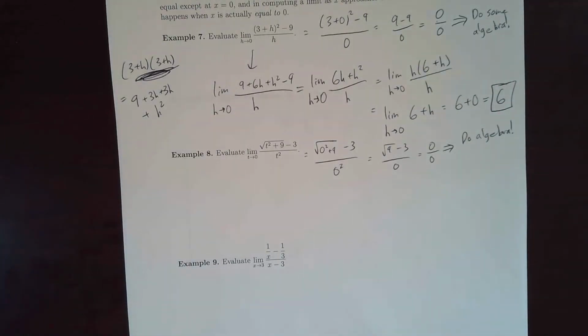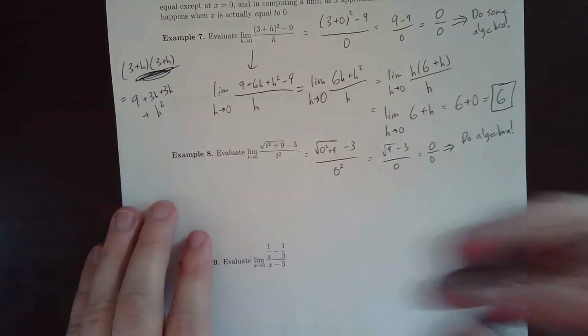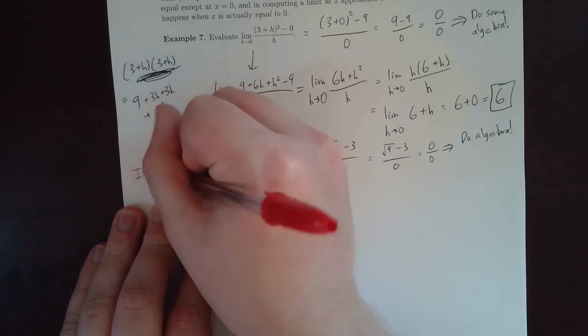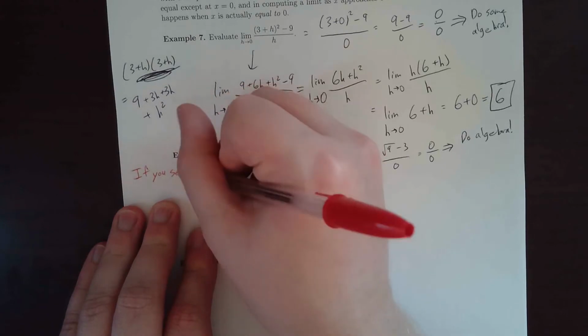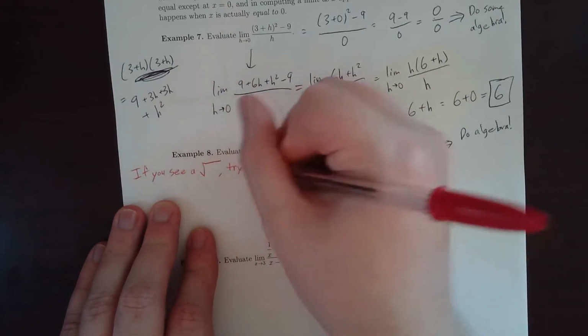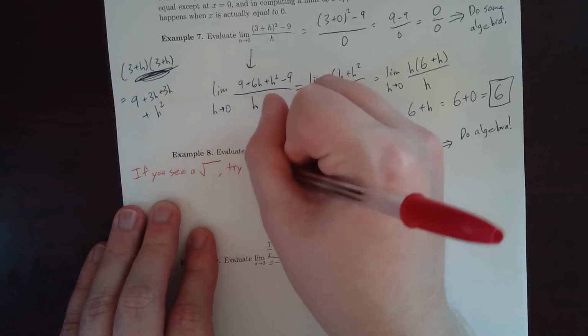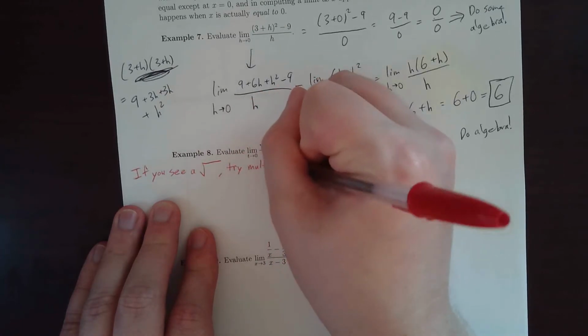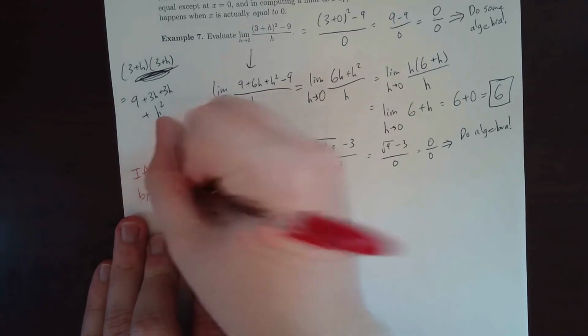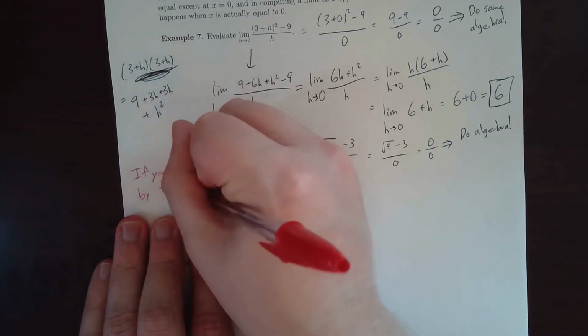And typically, when we see a square root, we'll do something called multiply by the conjugate. So if you see a square root, try multiplying by the conjugate.